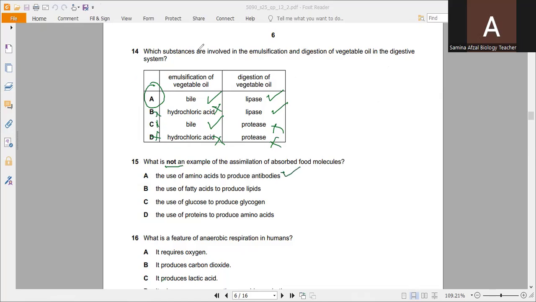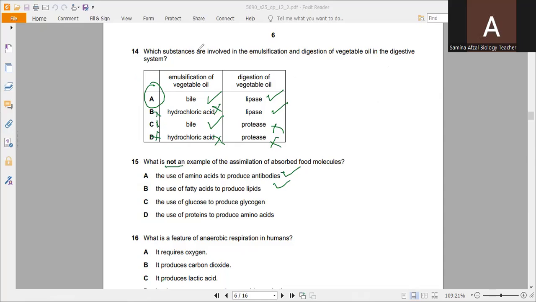So this is a correct statement. The use of fatty acids to produce lipids. Fatty acids are used to form the lipids because the fatty acids are the units of lipids. So again, this is a correct option.